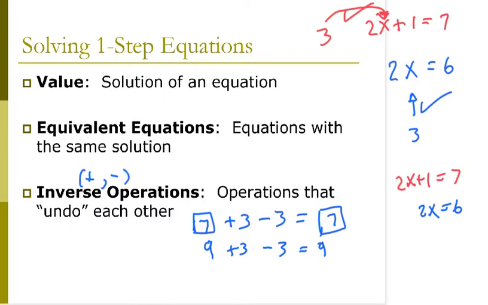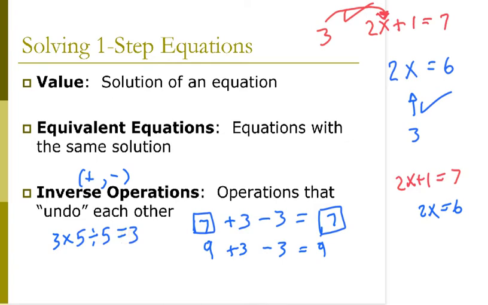It works the same way with multiplication and division. If I have 3 times 5, that's 15. If I take that 15 and divide it again by 5, then that gives me 3. So 3 times 5 is 15. 15 divided by 5 is, again, 3.